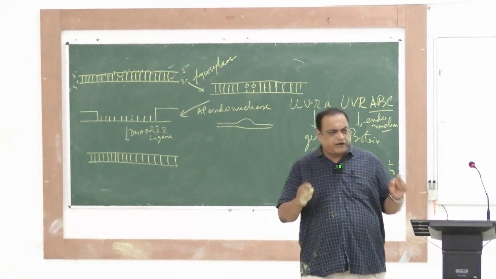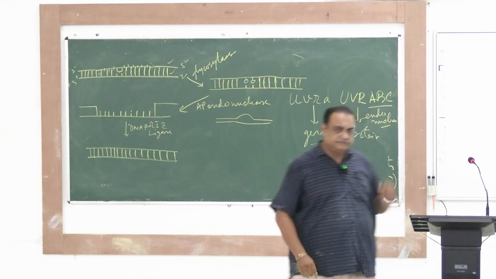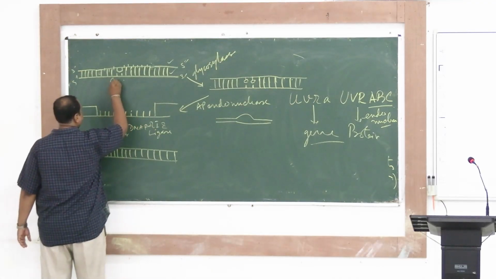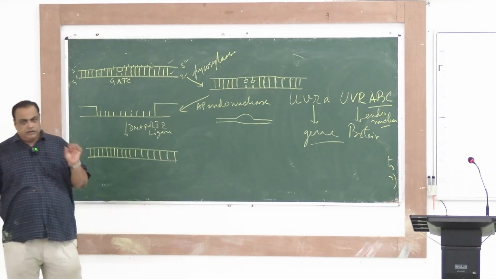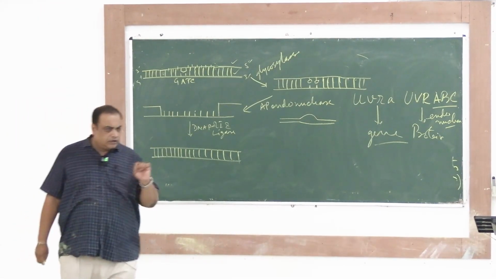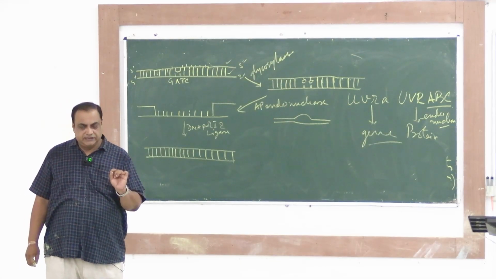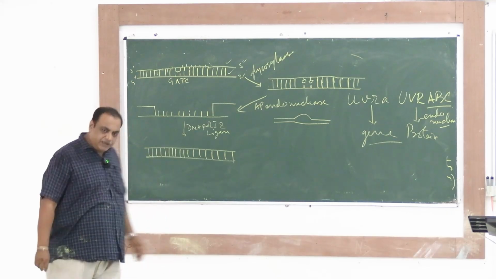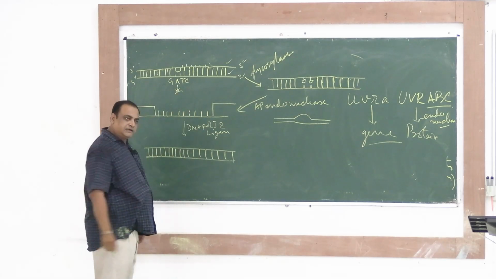now where do you find this particular methylation? The scientists have found after scanning the whole genome that a particular sequence called GATC is involved. They looked for how many GATC sites are present in a given DNA strand. Usually, the A site, correct?